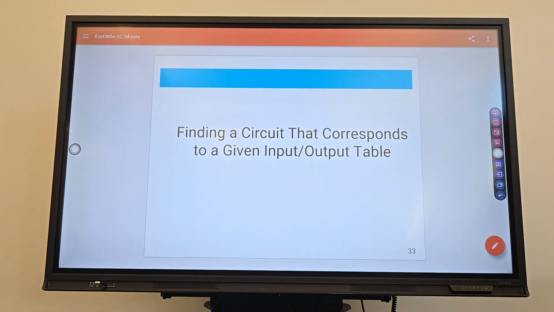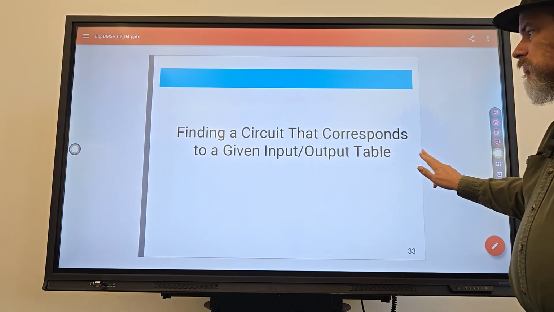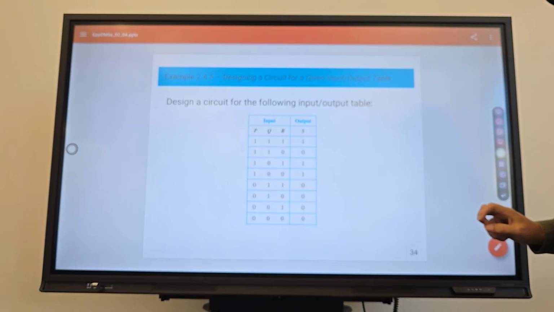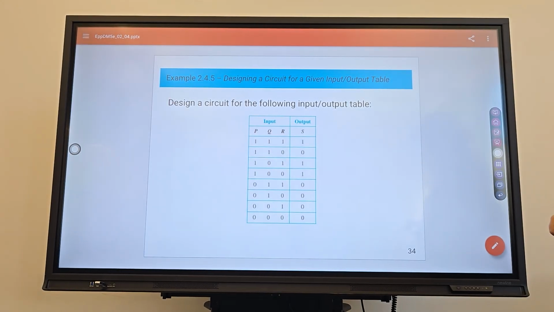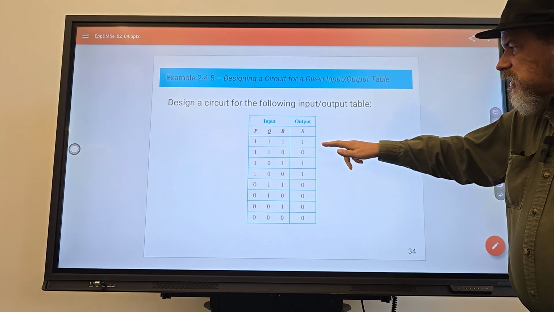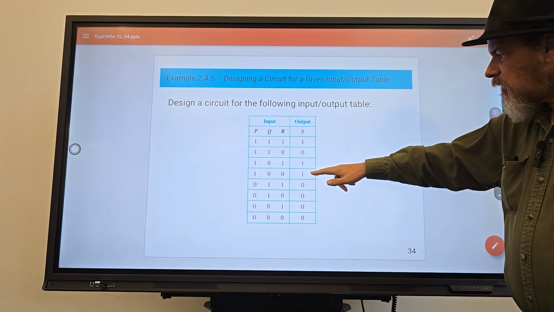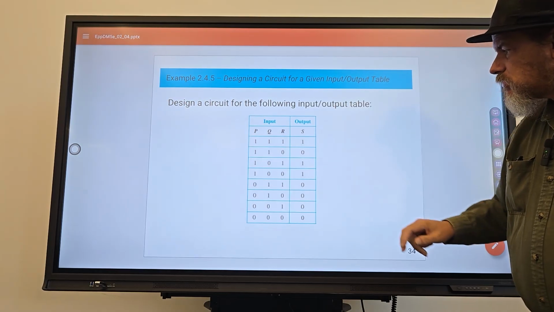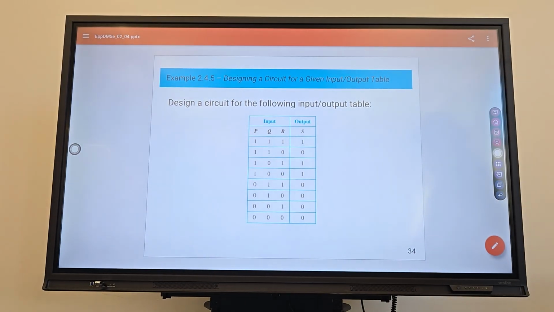Finding a circuit that corresponds to a given input and output table. Now, design a circuit for the following input-output table. You have only 3 outputs that are 1. The rest are zeros.